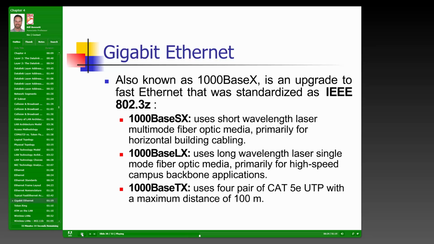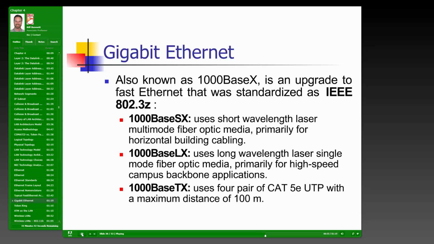So SX would be your short wavelength laser multimode fiber optic media. Primarily that's used in the horizontal building cabling. That means running between rooms or running between buildings. And then your 1000BASE-LX is indicating the long wavelength laser single mode fiber optic media, primarily used for the high-speed campus backbone.